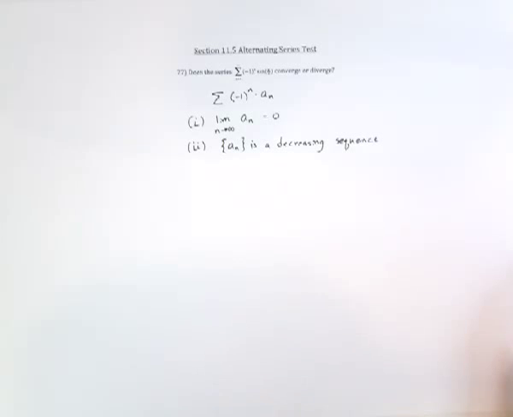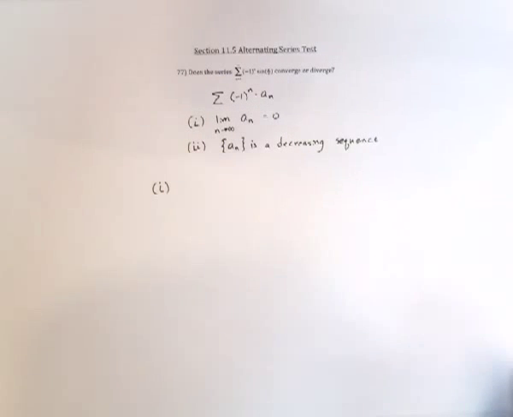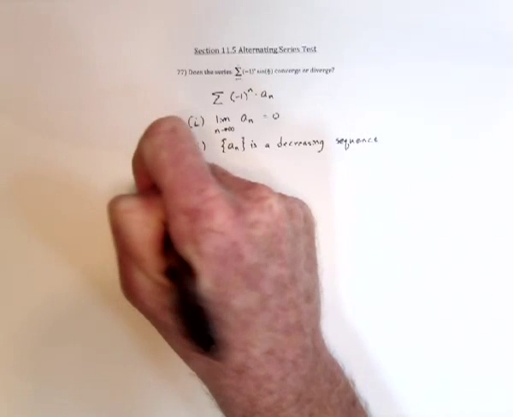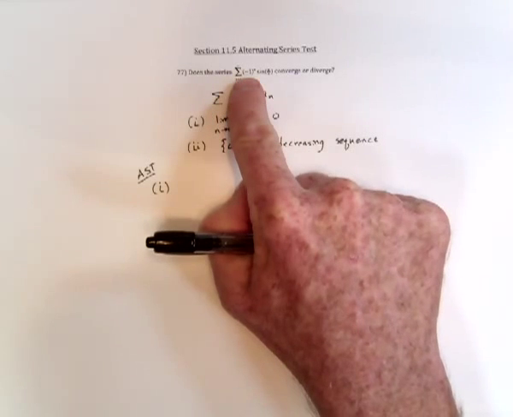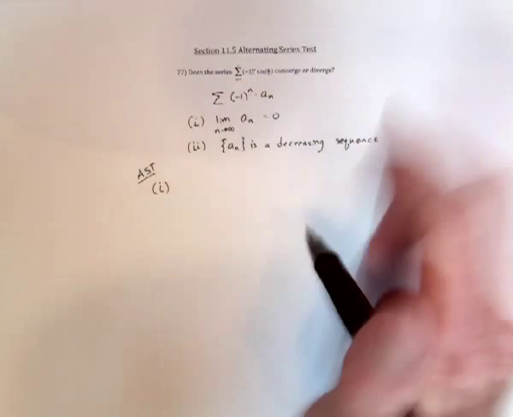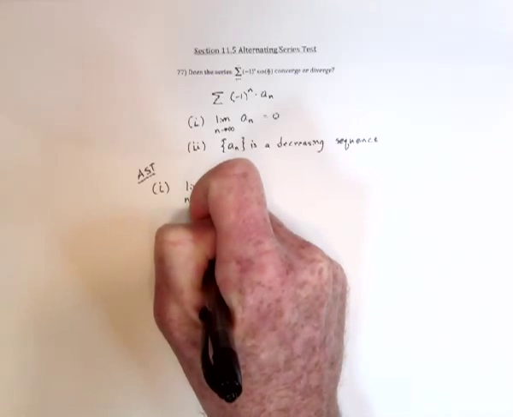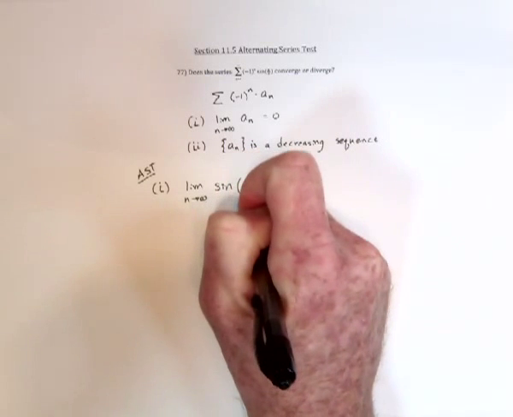Alright, so let's get to work for this one. For this one we need to, part 1, alternating series test, just to label my work here. Part 1 is, you don't deal with the (-1)^n part, you deal with the function part. So take the limit as n goes to infinity of sine pi over n.